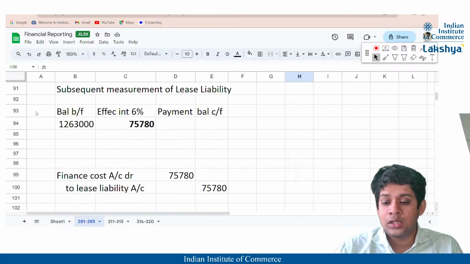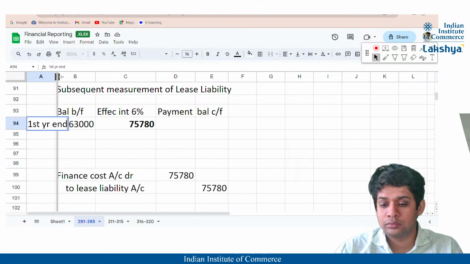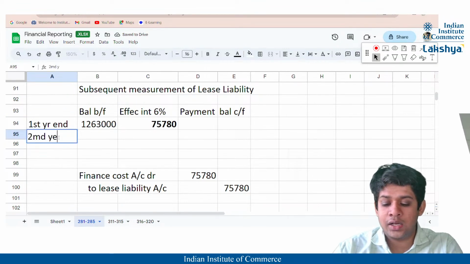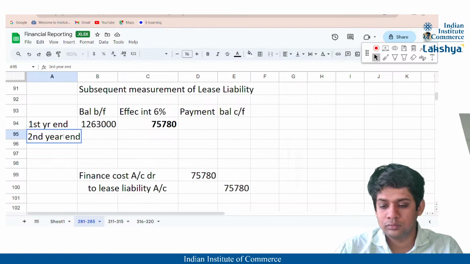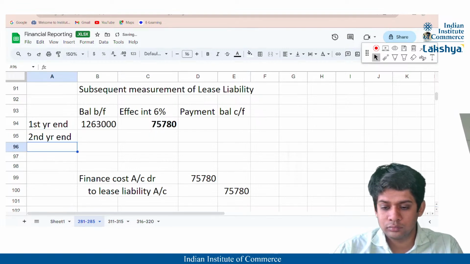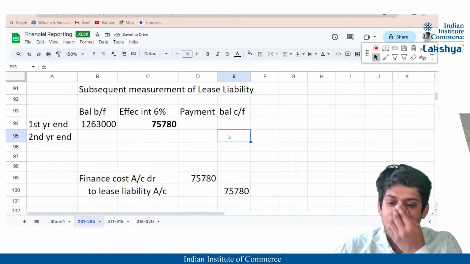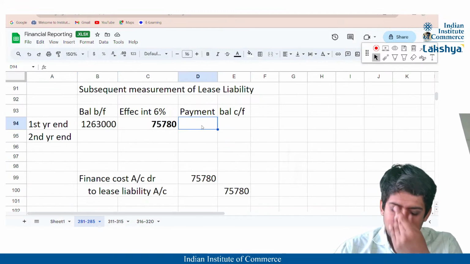This is my first year end, technically, then it will be my second year end. So I'll have to calculate till here in order to identify the current liability.